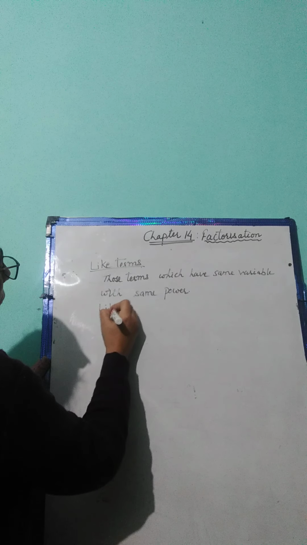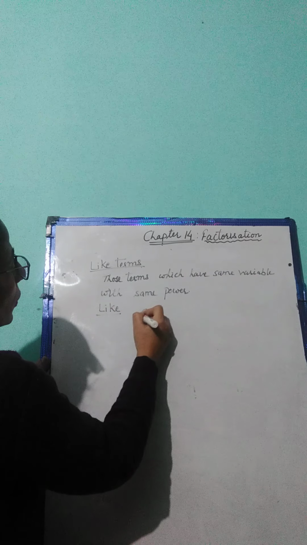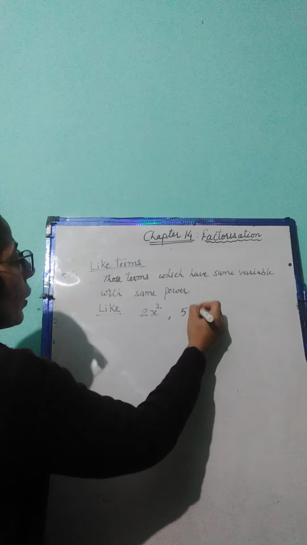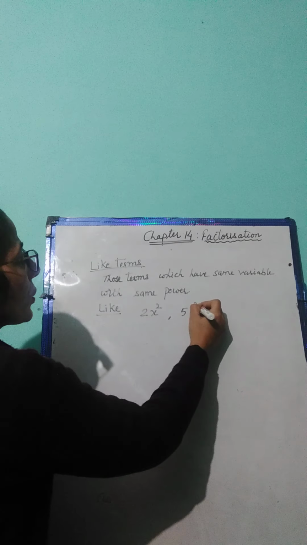Like 2x square, 5x square, minus 9 by 2 x square. These are like terms because they have the same variable with the same power.